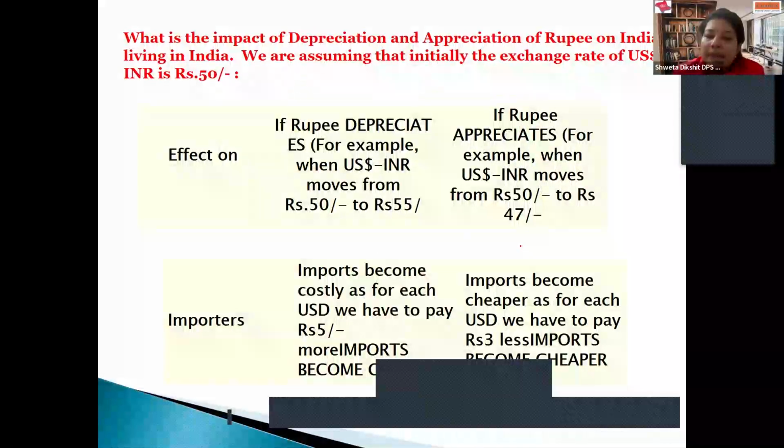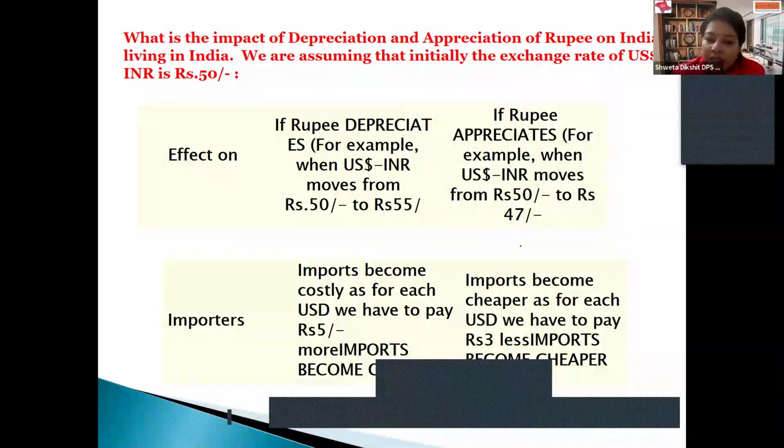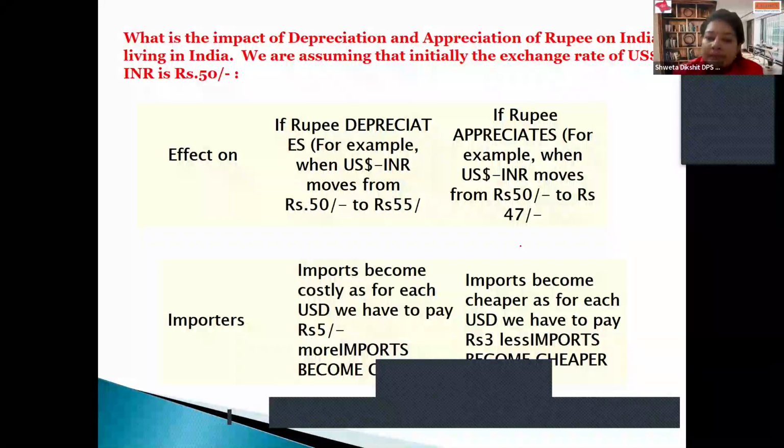Let's start with depreciation. If a particular country's currency is depreciated, exports rise and imports fall. Now, you must be wondering why. Exports become high. Why? If any foreign investor was able to purchase something in India for 5,000 USD, now they will be able to buy the same things for 4,000 USD.